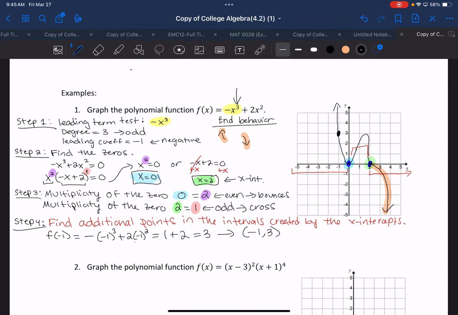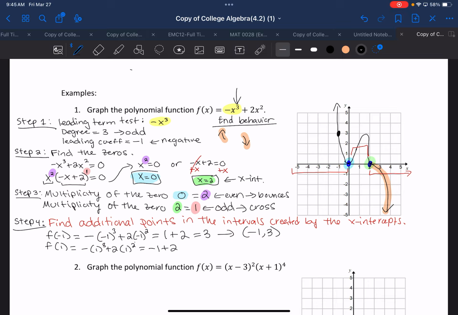Now I'm going to choose a number in the second interval. So I'm going to choose 1 since it's right in the middle. So I'm going to plug in positive 1. And that will give me negative positive 1 cubed plus 2 times 1 squared. 1 cubed is just 1, and then I have the negative, so that would be negative 1. 1 squared is 1. 1 times 2 is 2.